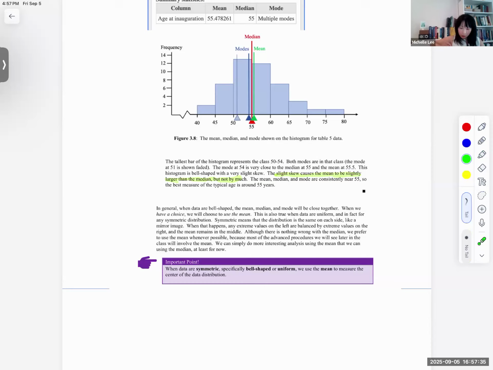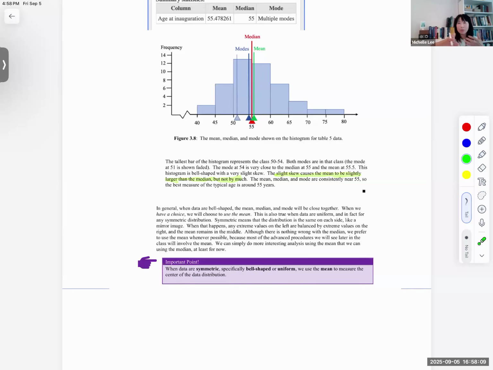Okay, let's take a look at this one. When data are symmetric, specifically bell shaped or uniform, we use the mean to measure the center of the data distribution, right? If we have a lot of lower data or higher data, then we use the median because the median does not change.